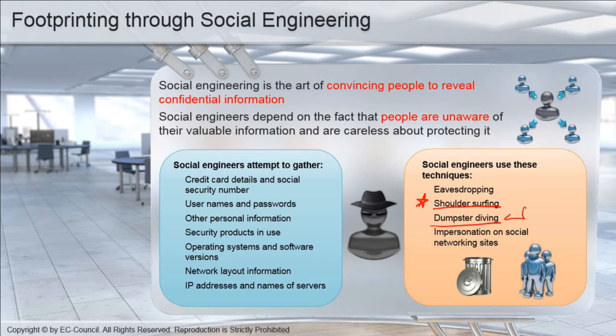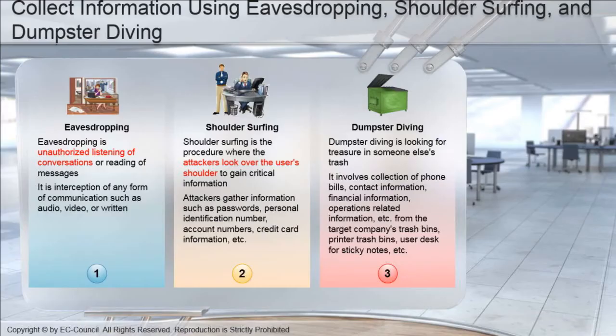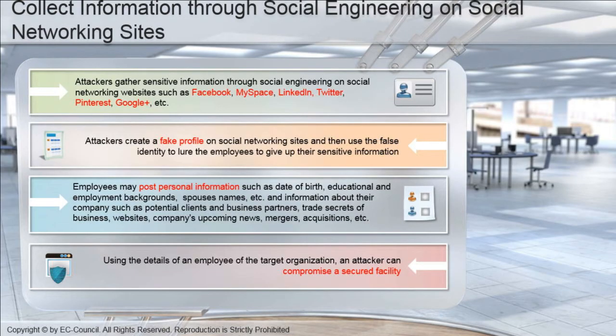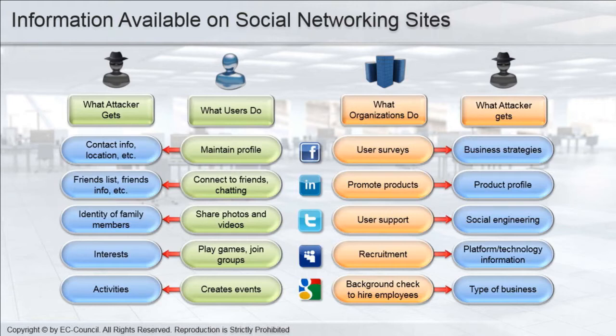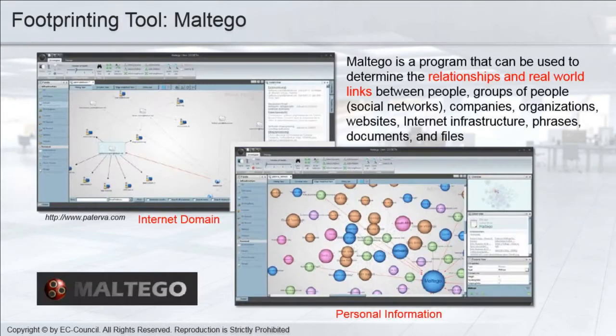Dumpster diving is just going through their trash, looking for anything that's been thrown away, maybe backup CDs or pieces of paper with IP addresses or passwords written on them. Don't have a lot to add there. We talked a bit about social networking sites yesterday, Facebook, LinkedIn, Twitter, etc. I think most of that's pretty obvious regarding what you can get.